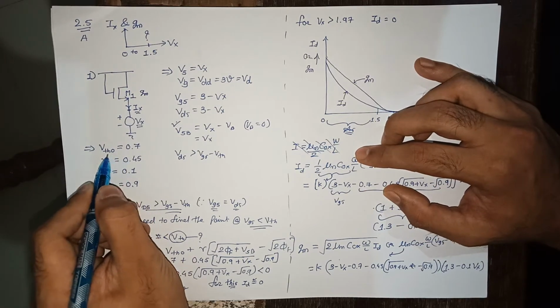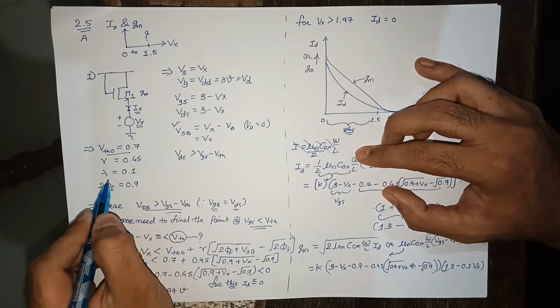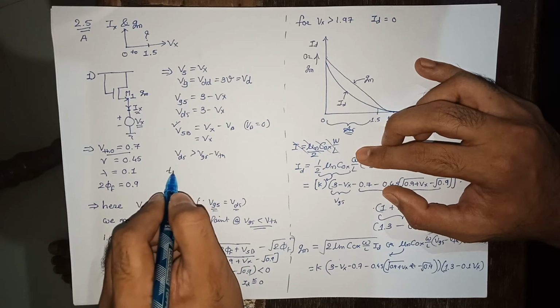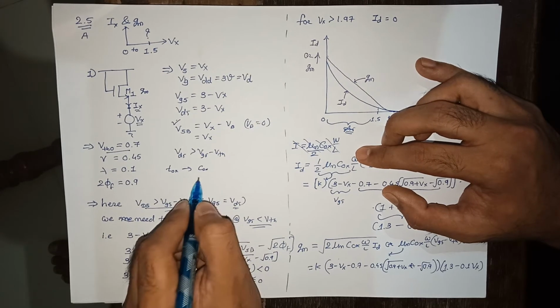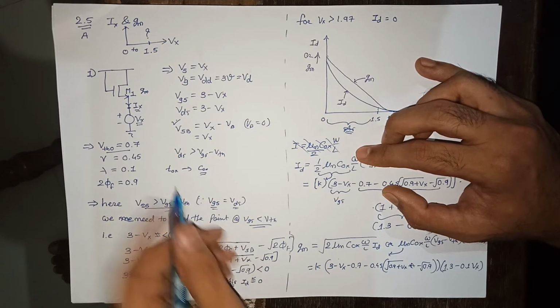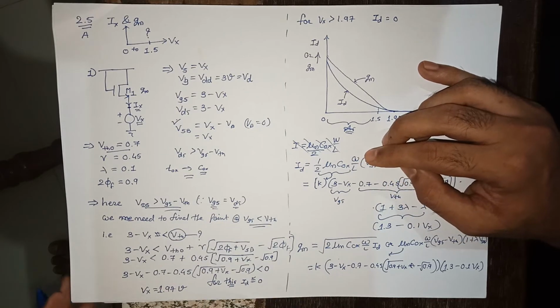We need VTO from that table 2.1, gamma, lambda, 2 Fermi potential. Of course, TOX will be required to find the COX. You can refer to the first video, the solution of 2.1, to find these values.